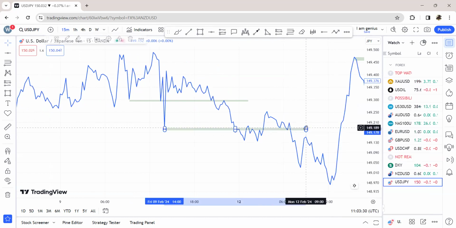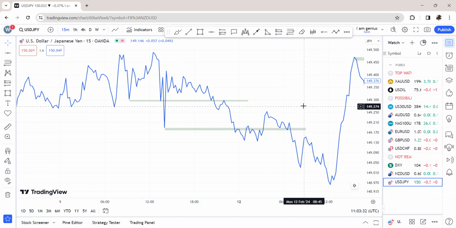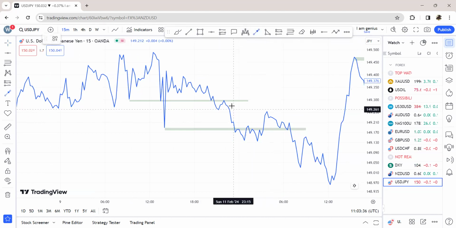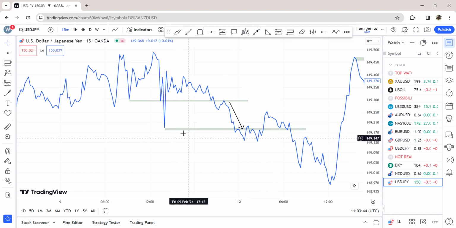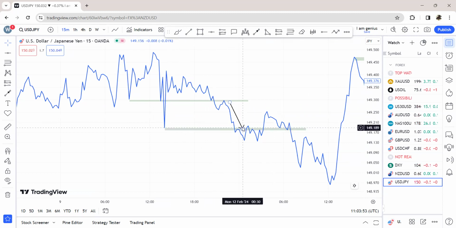Drag this all the way to there. So now you can see, once you have that, you are putting the market in perspective. This means it's going to trade downwards to that level. Why? Because you know in the past, the market had failed to break this level, so most likely it might react here. So you want to exit immediately as the market is approaching this level. But your entry is from that level going downwards.